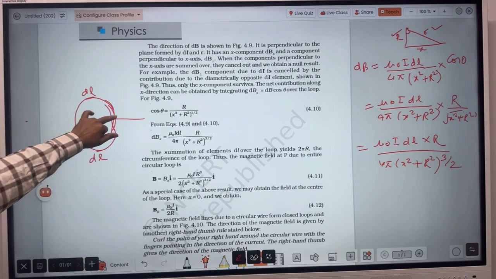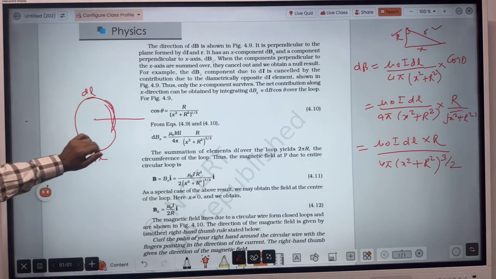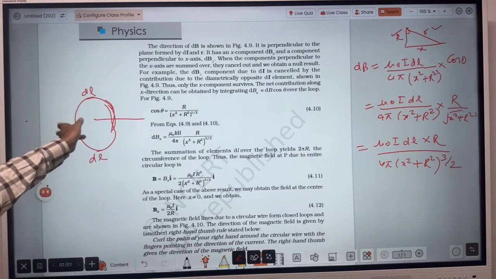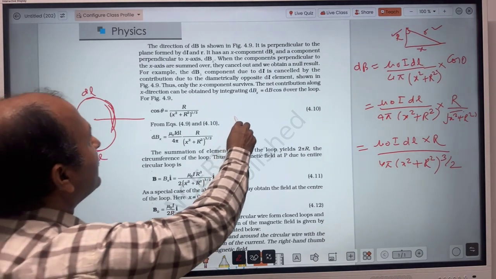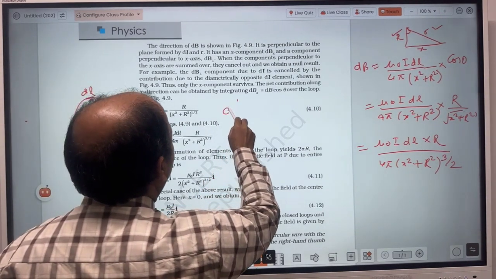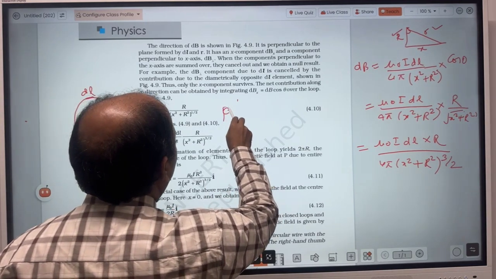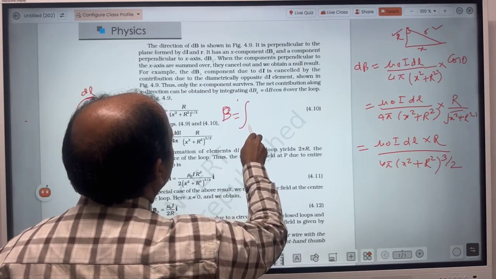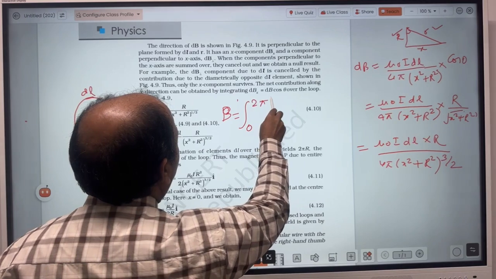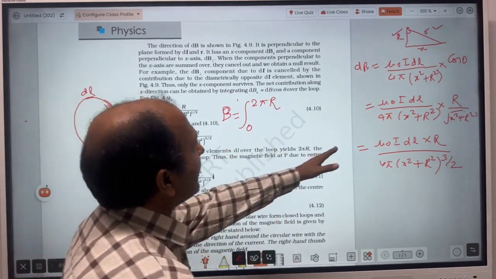So what would be the limit? The limit will be the total length of the ring. So we can take the limit 0 to 2 pi R. If we want to find B, we write 0 to 2 pi R and then we integrate dB.